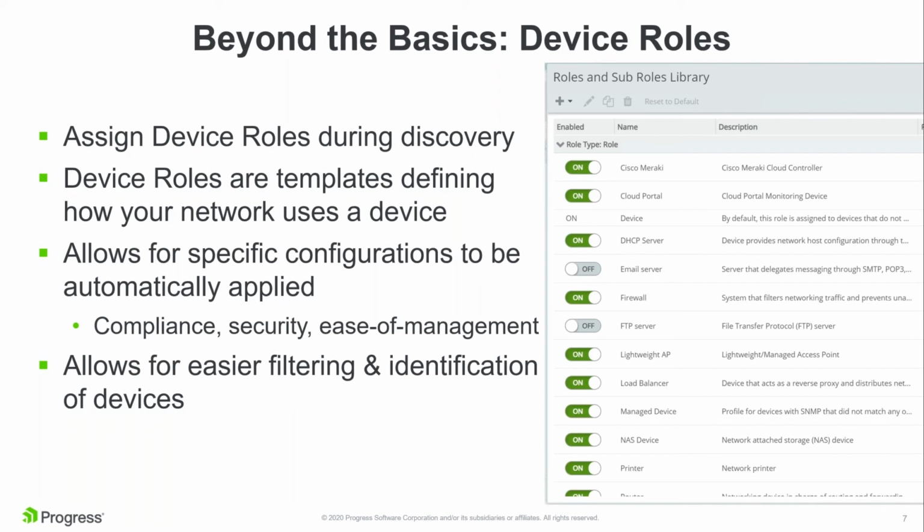And just like humans, a lot of network devices are generalists and could fulfill multiple different roles. You can assign a device role. It's kind of a template defining how your network uses a device. So that router could do a bunch of different things, but maybe for a variety of reasons, you want it to act in this particular way. You want it to have this particular threshold for bandwidth alerts.